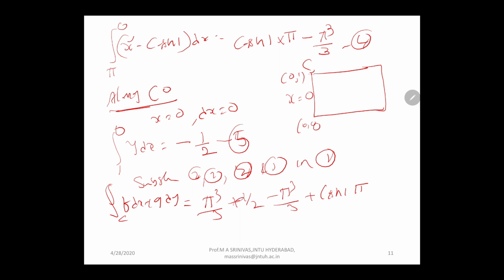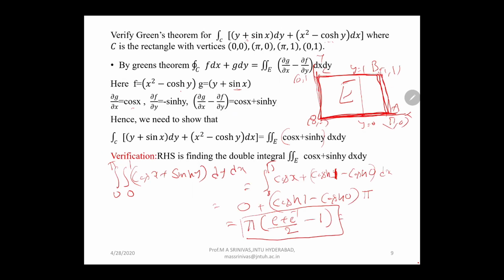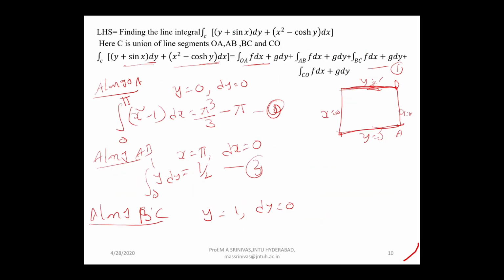Pi cube by 3 minus pi, and this is cos h1 into minus pi by 3, and this is minus half. Cos h1 pi minus half, and plus half is also there. Yes, this is my plus half.